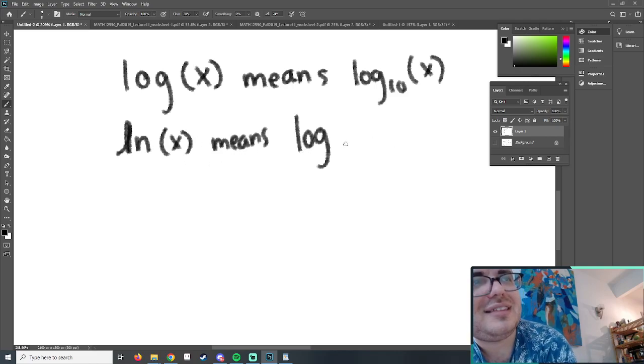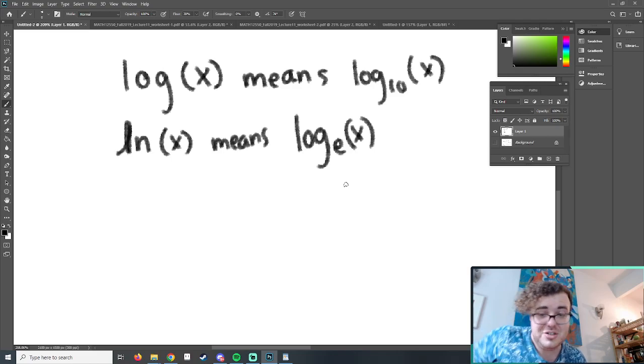So loosely it means ratio number, which is a little unhelpful, but ln of x means log base e of x. Here, e is the natural number that we got before. It's approximately 2.71. It's the number that showed up in our last video when we talked about the limit as n approached infinity of the compound interest formula. E suddenly showed up.